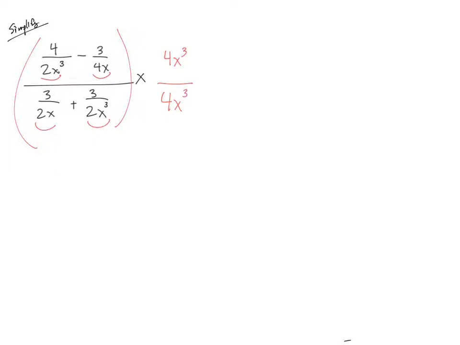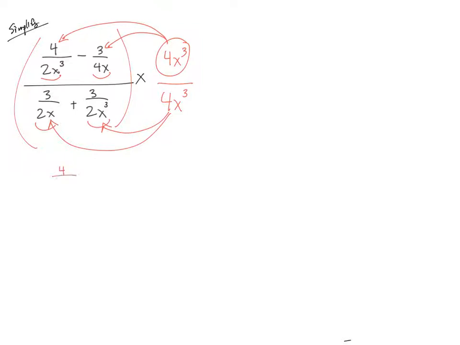And really what happens is I'm multiplying this 4x cubed by that term and by that term, and then by this one and by that one. So let me just rewrite it another way.